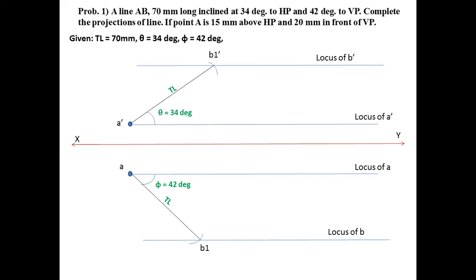Now we can draw a vertical projector from end point of true length in front view like this, and if you take the compass, set at point A and draw a curve like this, we'll get a point of intersection on locus of B. Now if you connect this point of intersection with A, it gives you the point B which is nothing but the end point of plan length, that is apparent length in top view.